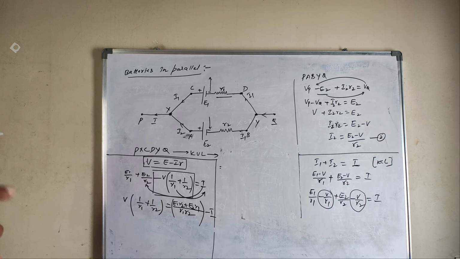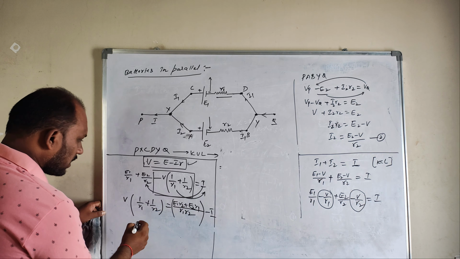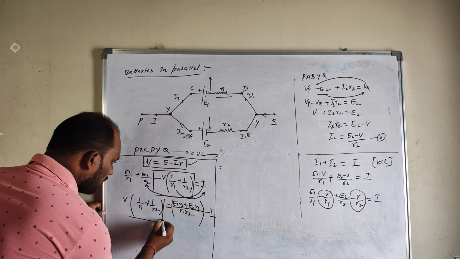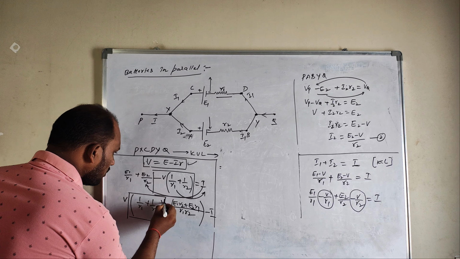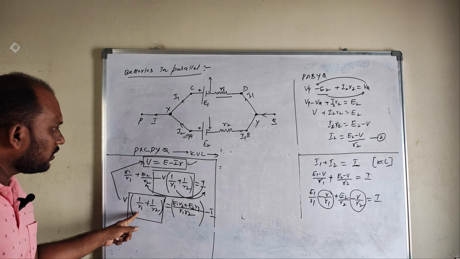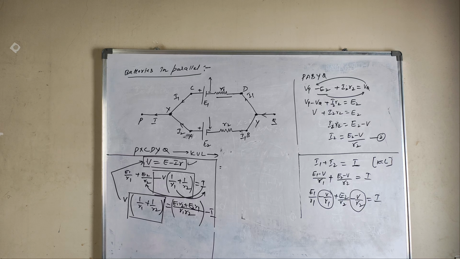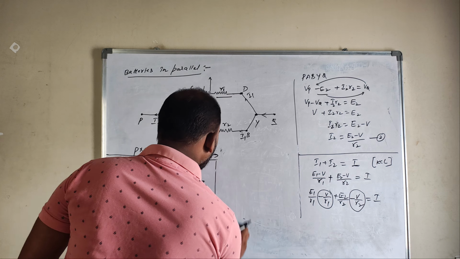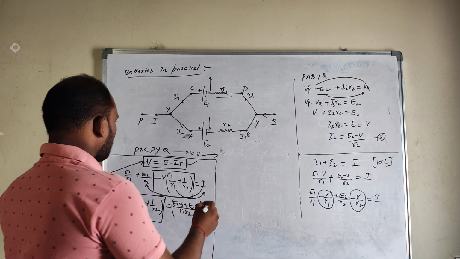Now keep in mind, guys, this is the discharging equation. What is extra here? This part is extra, compared to this equation. I am comparing with this equation. This part is extra, so I divide both sides. So what do I get?